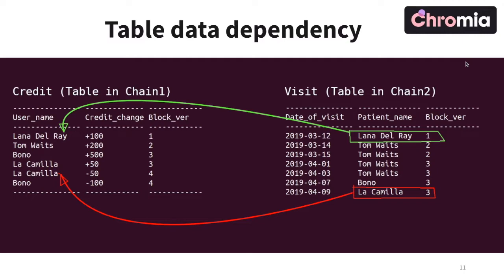So now we're going to have a competition. Lana Del Rey, when she goes to the doctor at this date, at block height 1 of the health chain, is she going to have positive credit? Is she going to be credit worthy?